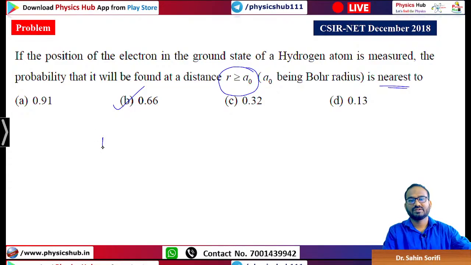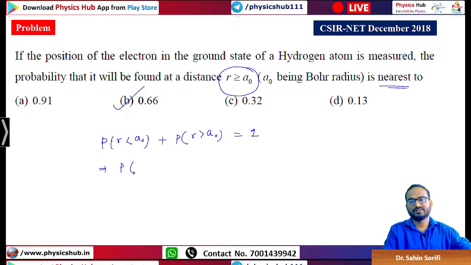Because you know that the probability for the electron to be within the Bohr radius and beyond the Bohr radius, total will be 1.